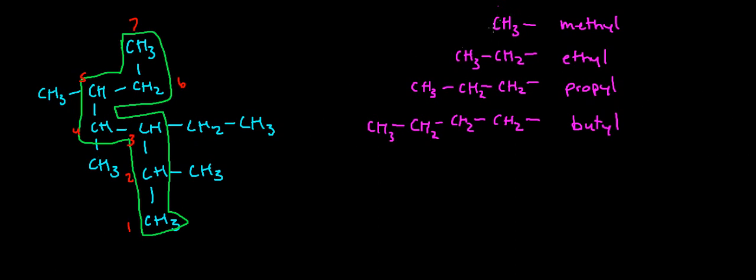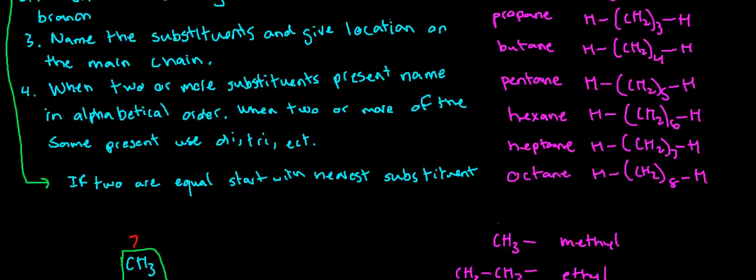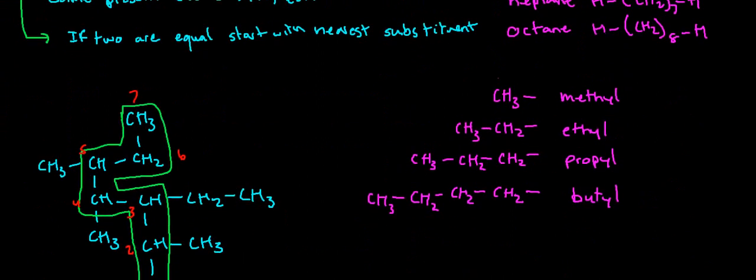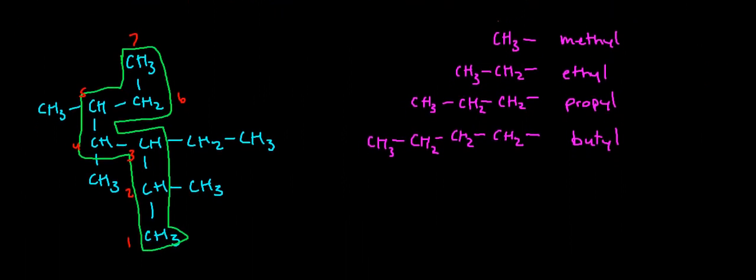So here's a branch, and here are the names of the branches. Since they're all alkanes, it's easy. Basically, since these are smaller straight chain alkanes, I would use these names: methane, ethane, propane, butane, hexane, depending on how long those little branches are. But instead of using that, I'm going to call them methyl, ethyl, propyl. This YL signifies that it's a branch.